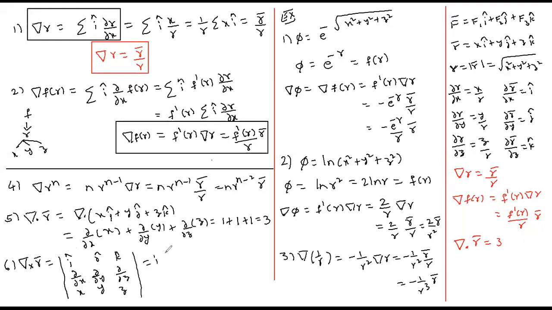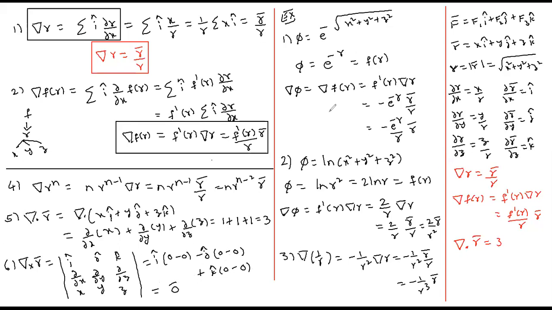So if I simplify, i bar into what is dou z by dou y? 0. Minus what is dou y by dou z? 0. Minus j into what is dou z by dou x? 0. Minus what is dou x by dou z? 0. Plus k into what is dou y by dou x? 0. Minus what is dou x by dou y? 0. What is the answer? Zero bar. Curl of a vector is a vector. Remember.